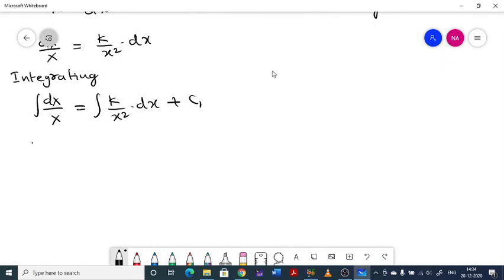Now log X equal to k into integral of 1 by x square. See, integral of x power minus 2, so you can integrate to get x power minus 2 plus 1 divided by minus 2 plus 1.